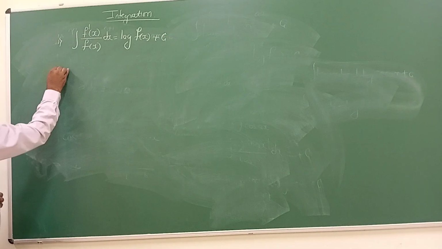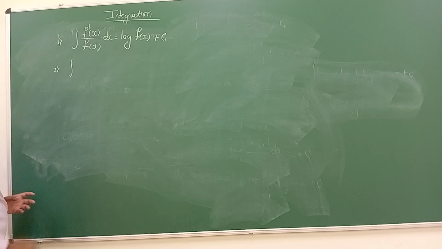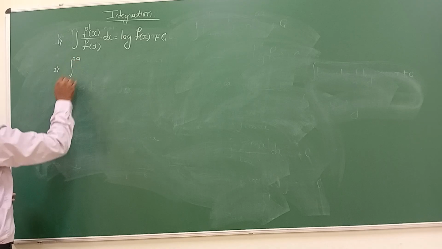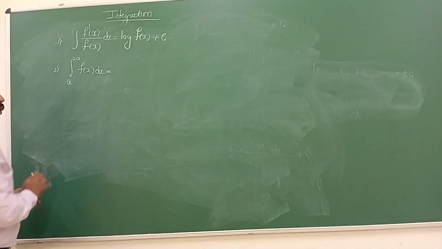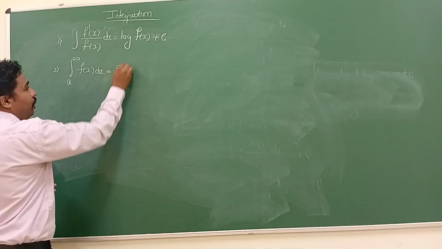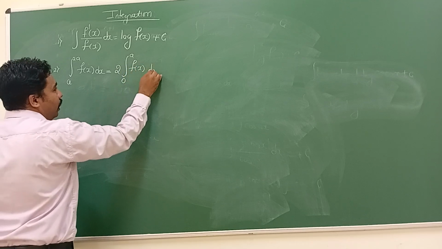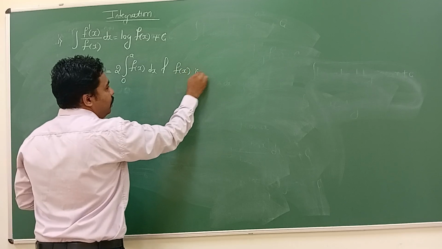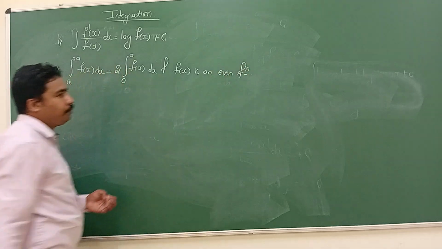Now, the second property, if we have limits for any problem, that is 0 to 2a of f of x dx, this can be written as 2 into 0 to a f of x dx if f of x is an even function.